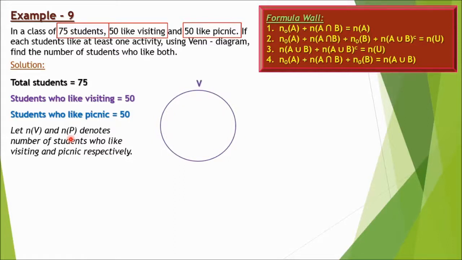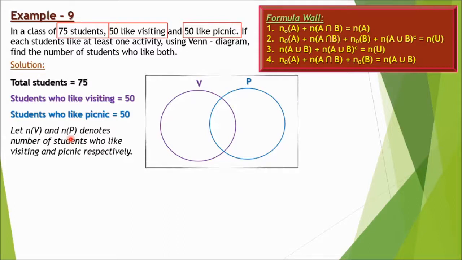We have to draw an overlapping diagram in this way. Picnic. Okay. Now visiting and picnic, and a rectangle as the universal set. After this, the first thing we have to do is fill this region in the Venn diagram. This region must be filled first.